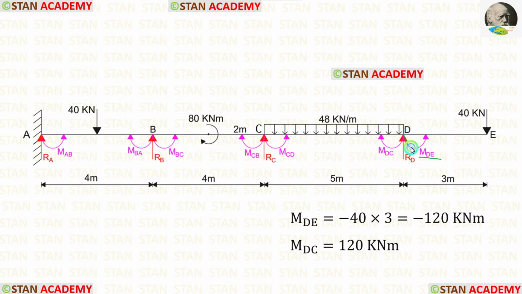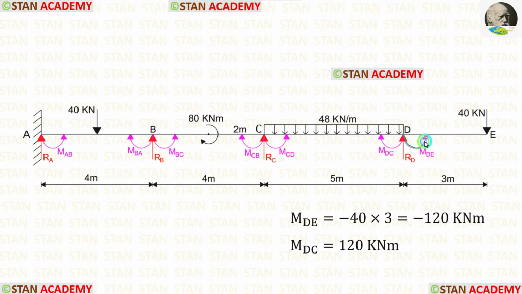MDE is acting in the anti-clockwise direction, so it should be negative. In this case, we have to apply a negative sign with the load so that we will get a negative moment. The values of MDC and MDE will be same, but they will have different signs.